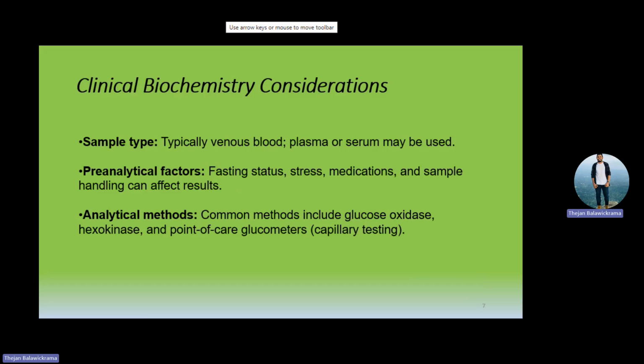You need to talk to the patient and figure out these situations, and have the knowledge to think that under this situation, this range might be high up to this extent or low up to this extent. So, medications. And also, sample handling can affect the result.